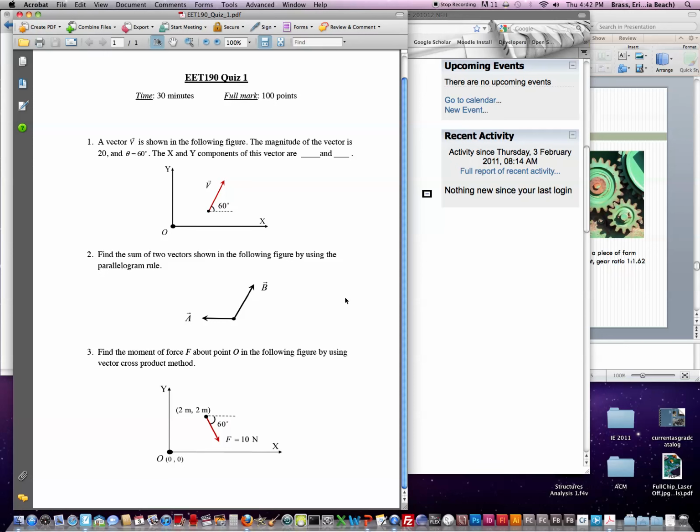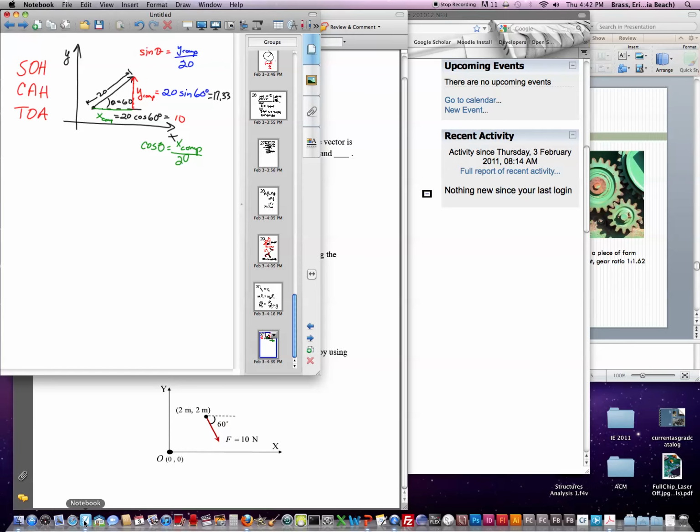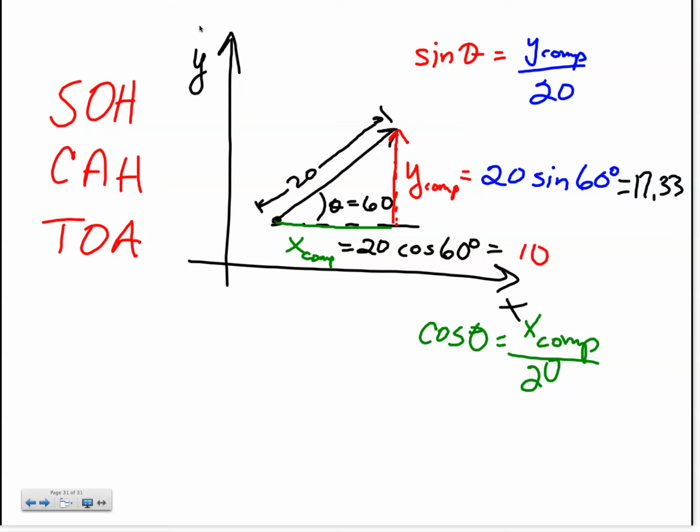All right. Now it says find the sum of the two vectors shown in the following figure by using the... I was about to say the Pythagorean, but that's not right. The parallelogram rule. So how do you do that? I think we had a vector that went in this direction, and we had another vector that went in this direction.